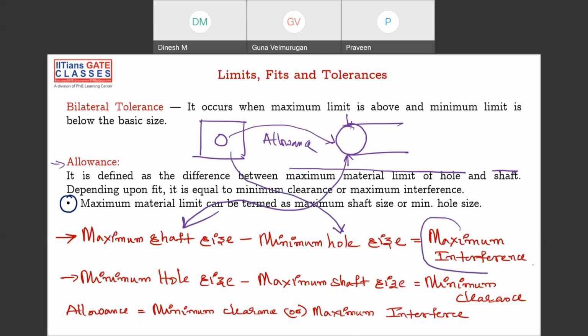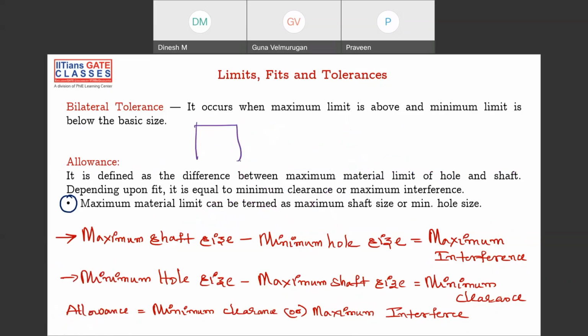So maximum shaft size minus minimum hole size will give you your maximum interference. Why is it called interference? Because you have minimum hole and maximum shaft, so this can't go. This shaft will interfere. In the other case, minimum hole size minus maximum shaft size is reversed.